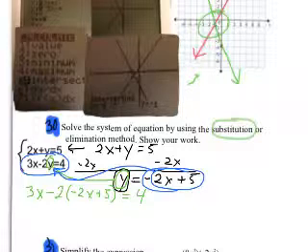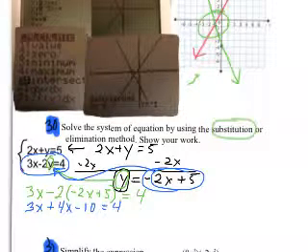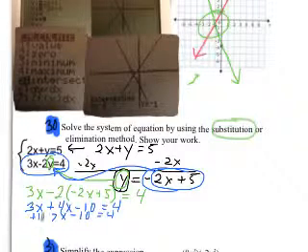So first I simplify by distributing. So we've got 3x minus negative 2 times the negative 2x is positive 4x, and negative 2 times positive 5 is a negative 10, and that equals 4. Now combine like terms. We have 7x minus 10 equals 4. Okay, I'm going to add 10 to both sides.